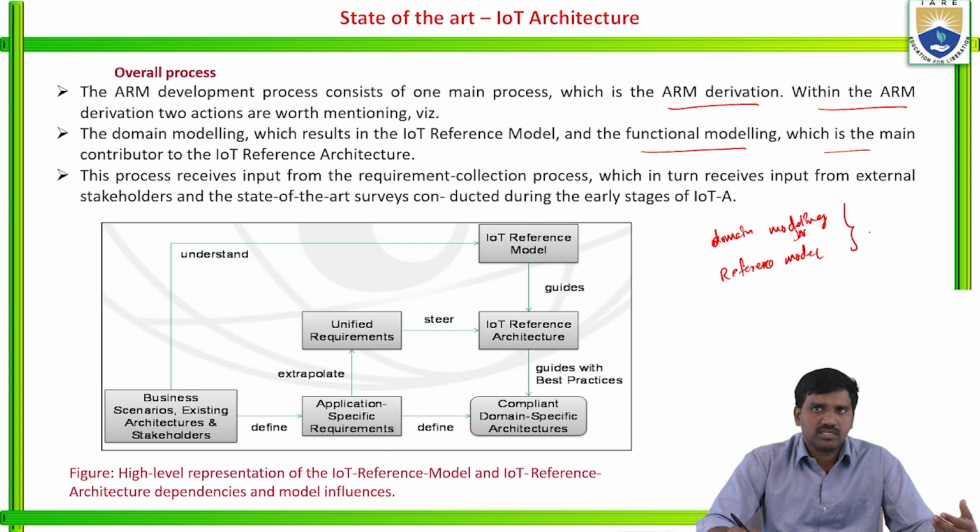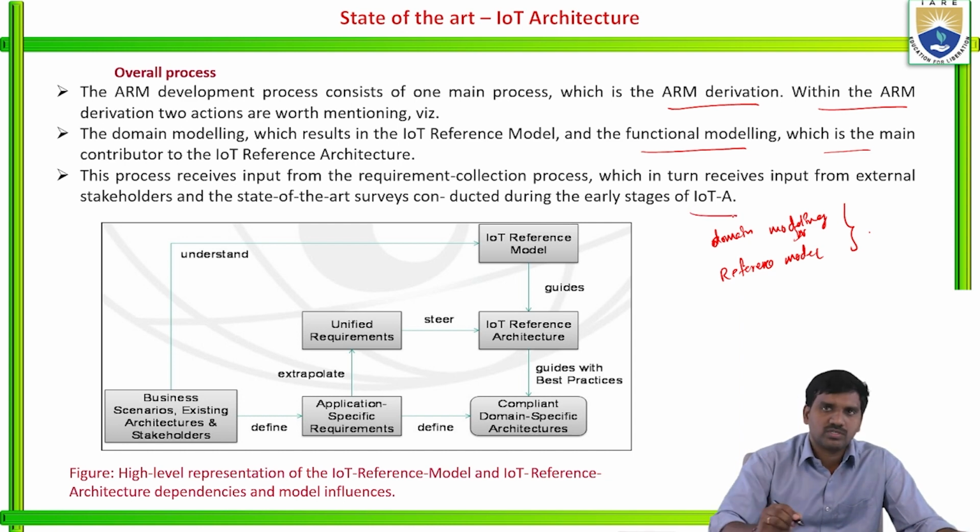Next, this process receives the input from the requirement collection process, which in turn receives the input from external stakeholders and the state-of-the-art surveys conducted in early stages of the IoT architecture.